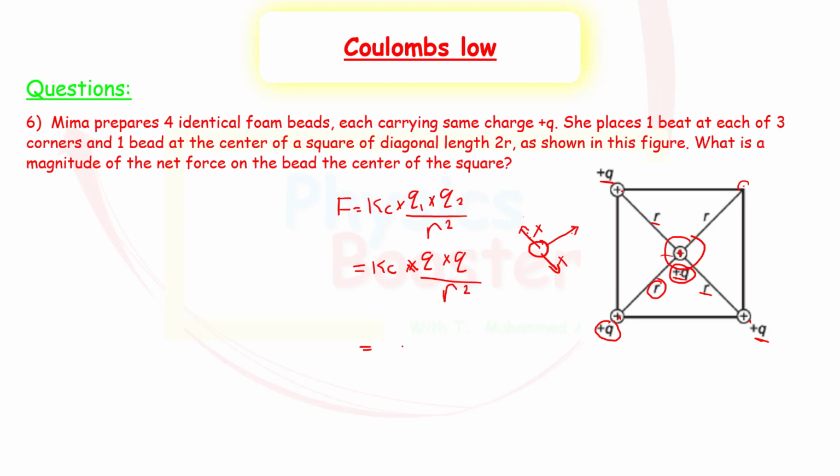So the answer will be K, Coulomb's constant, multiplied by Q squared divided by R squared. So let's see the choices we have. As you can see, the answer here is B, K multiplied by Q squared divided by R squared. So it's a very easy question.